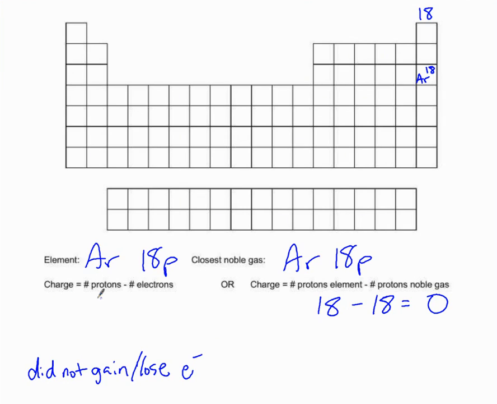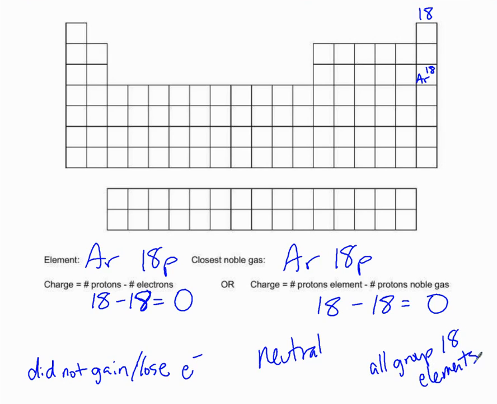And so in terms of the protons and electrons of argon, it has 18 protons minus, it didn't gain or lose, so it still has 18. 18 minus 18 is 0, which means neutral. All group 18 elements will be neutral.